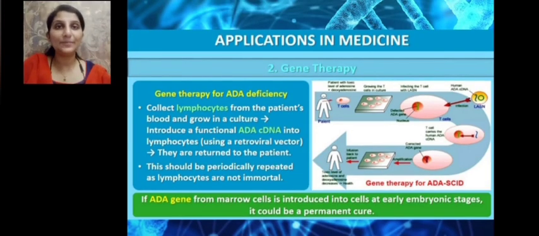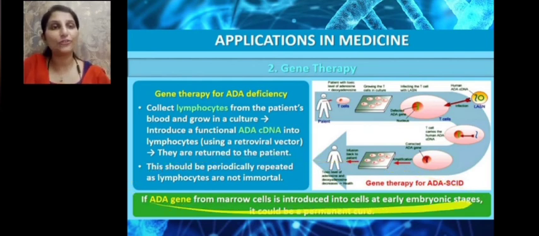To overcome this limitation of repeated periodical replacement, if the ADA gene is taken from the bone marrow and introduced into the cells at the embryonic stages, it could be a permanent cure. So that is a permanent cure through gene therapy for adenosine deaminase deficiency.